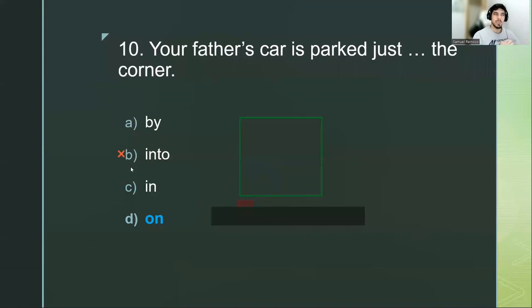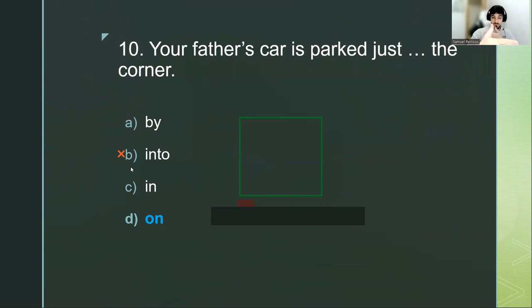Good. By, in, on. Okay, by is a preposition that we use when we want to say that we are near something, we are close to something. Estamos cerca de. I am by the river, okay? Estás al lado del río.